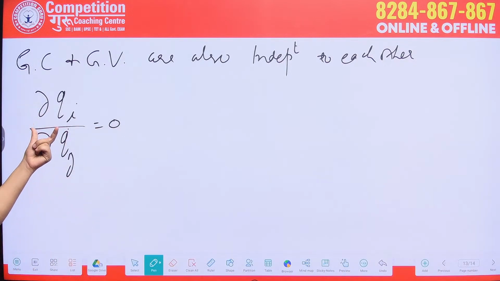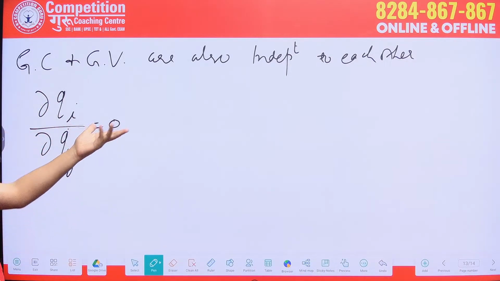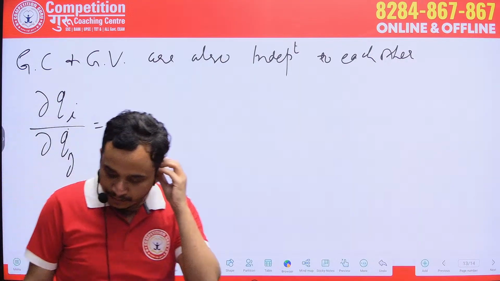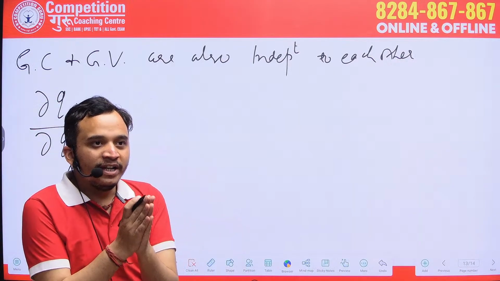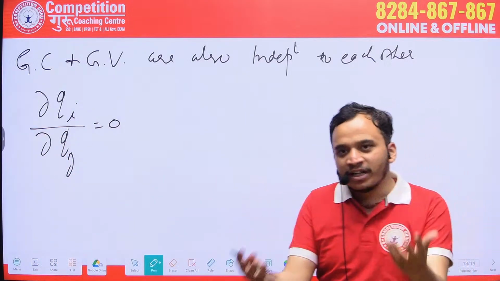That means the partial derivative of the generalized coordinate with respect to the generalized velocity is 0, or vice versa. We need all these fundamental things to study Lagrangian dynamics.